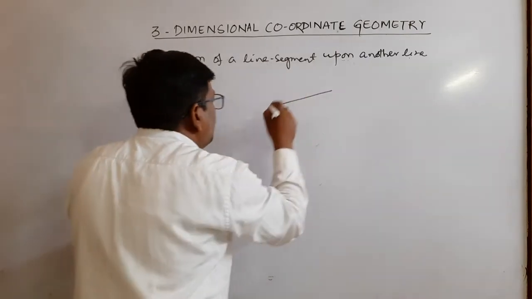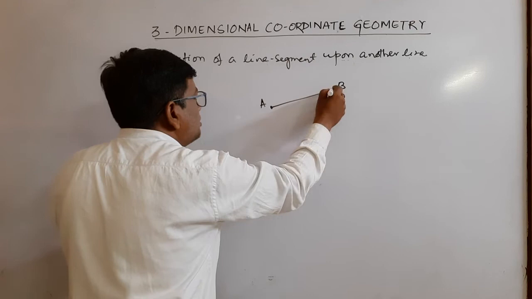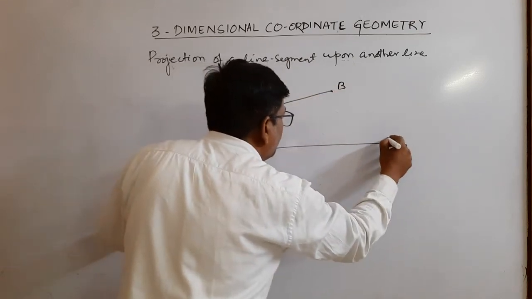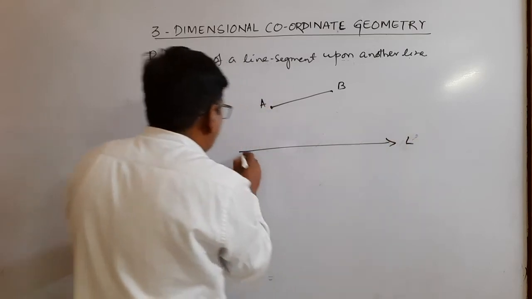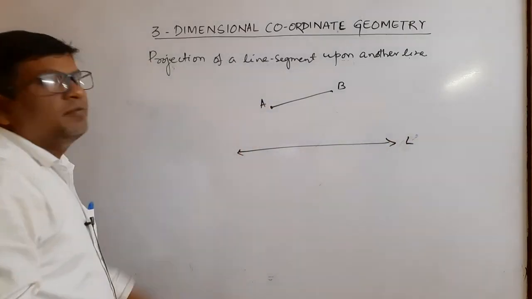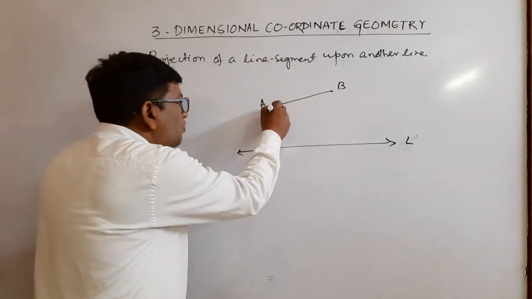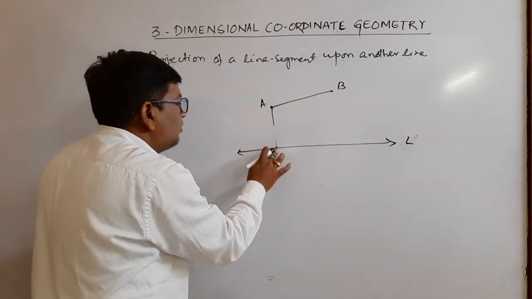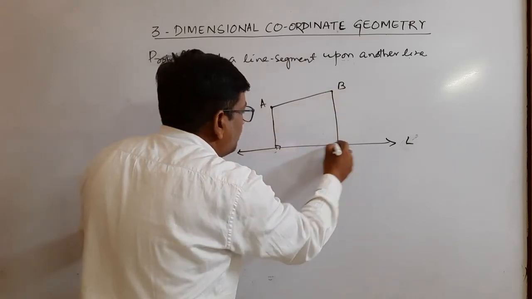Suppose this is the line segment AB, with these endpoints, and this is the straight line L. What do you mean by projection of the line segment AB? Draw a perpendicular here, also draw a perpendicular here.